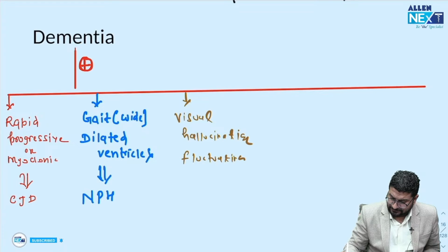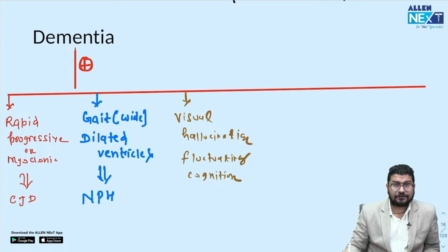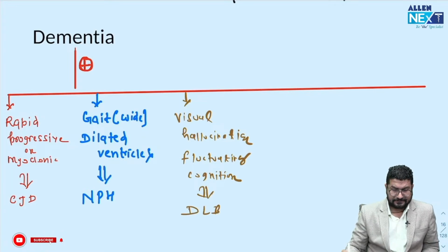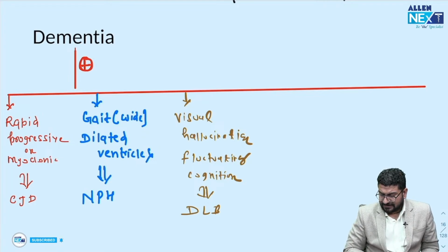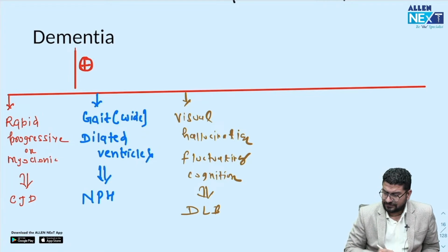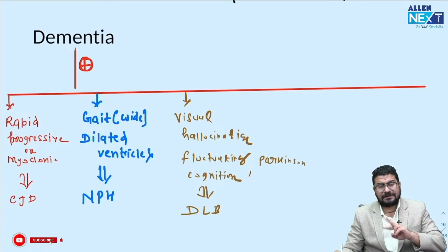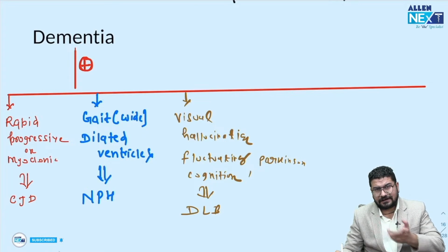Any guesses? Fluctuating cognition. What is the diagnosis? This is what we call DLB, dementia with Lewy body. Sometimes they will not mention fluctuating cognition, they can mention Parkinson feature, or Parkinson-like feature, because DLB is the disease which will have features of both Parkinson as well as Alzheimer.